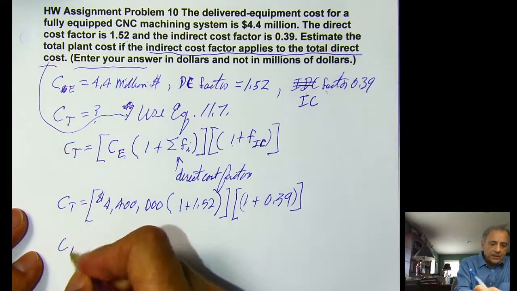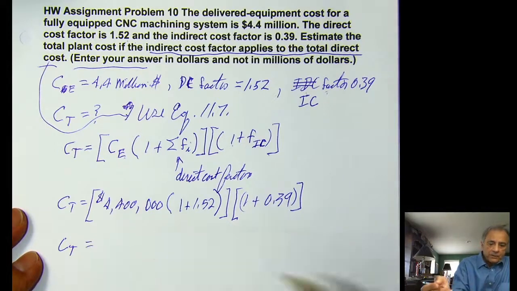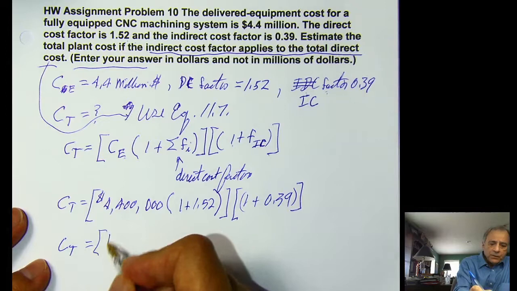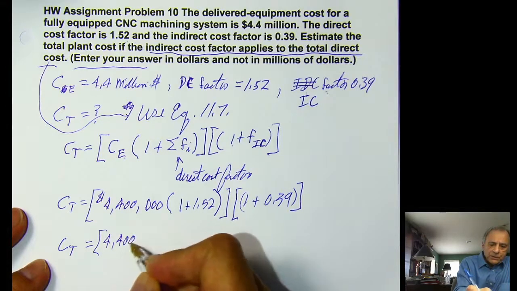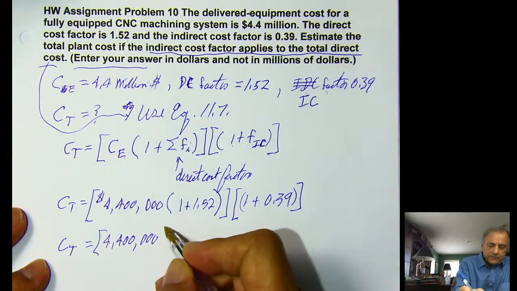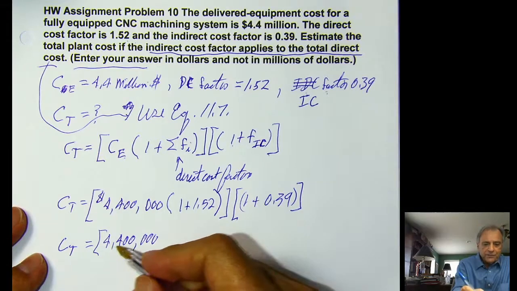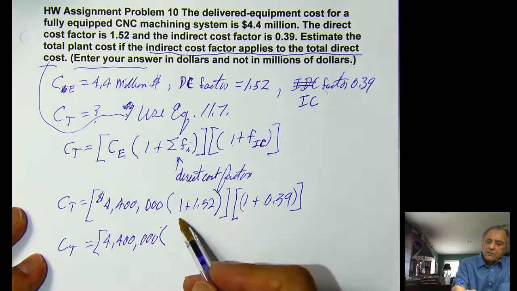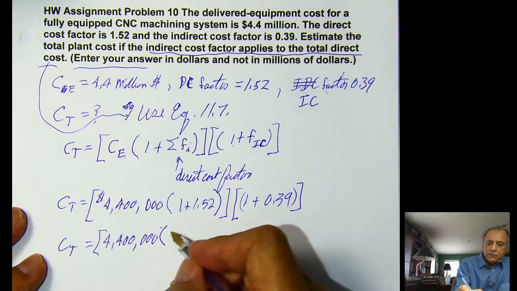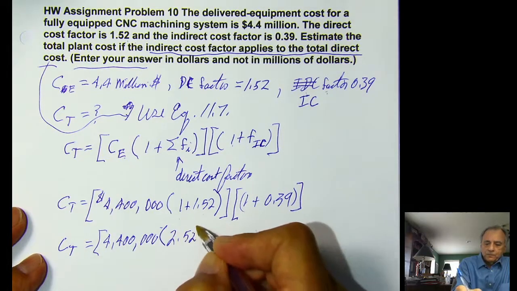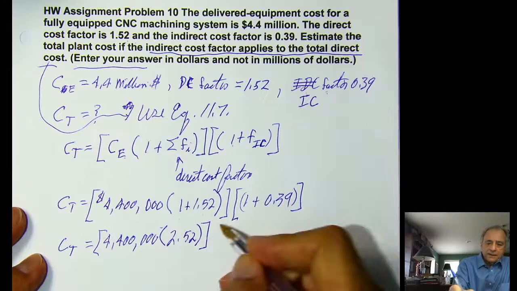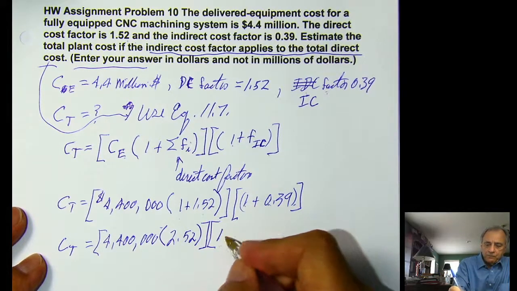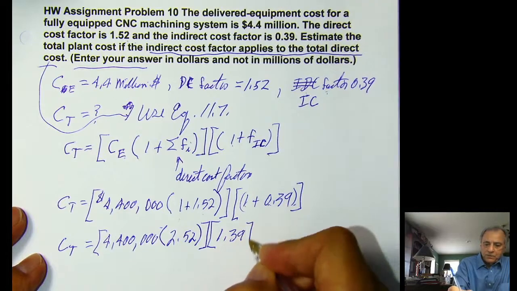C sub T will be equal to 4,400,000 times 1 plus 1.52, that's 2.52. Close that bracket, and then multiply this times 1.39. Close that bracket.